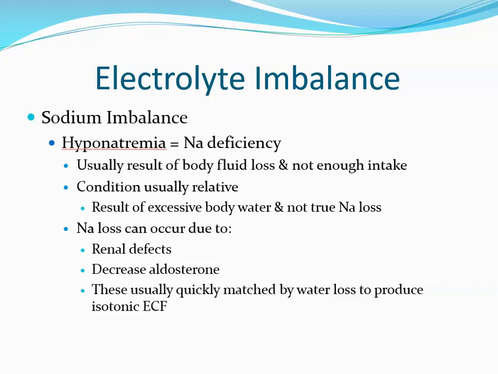This condition is also usually relative. It is the result of excessive body water and not a true sodium loss. True sodium losses could occur due to renal defects or due to a decrease in aldosterone, but these are usually quickly matched by water loss to return to an isotonic ECF.